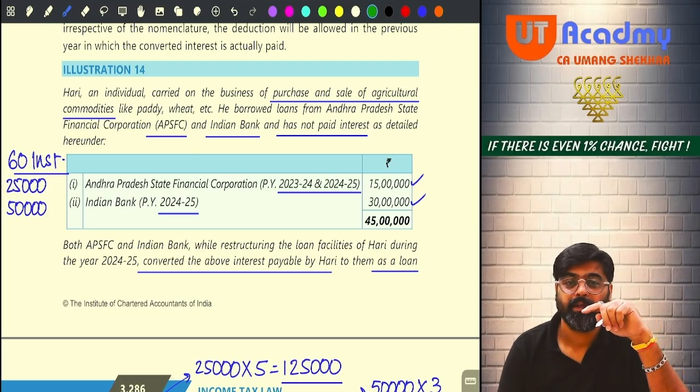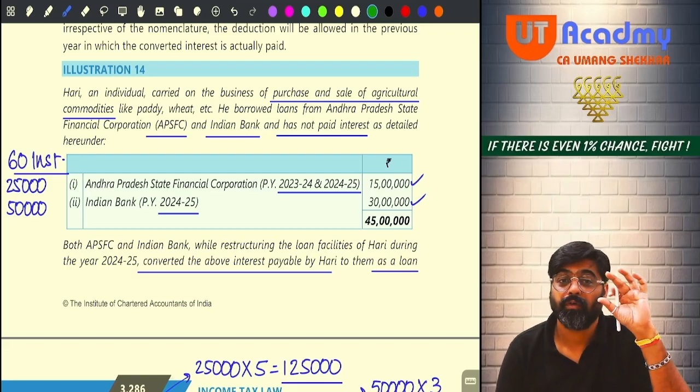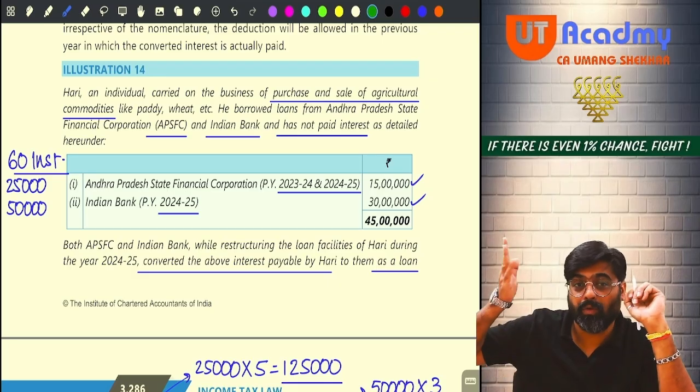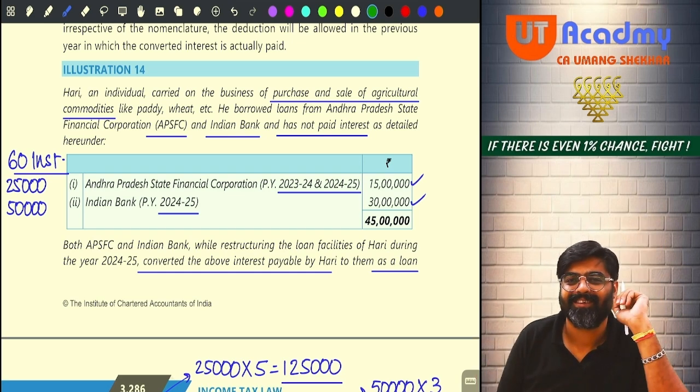Remember yesterday we were doing section 43B. Last 3 important points I discussed with you. First point, loan which you took from the bank. No. Specified lenders.